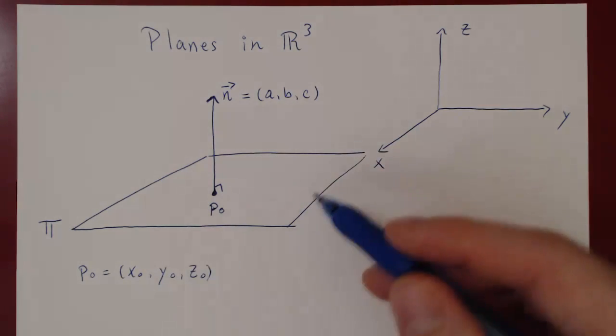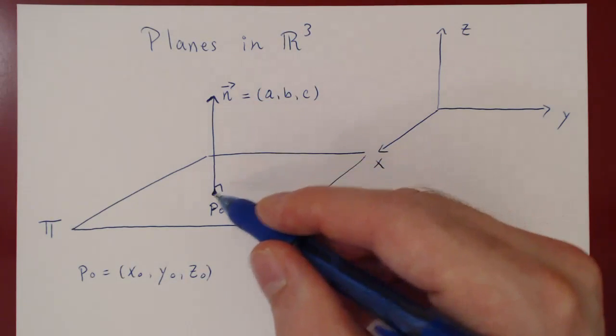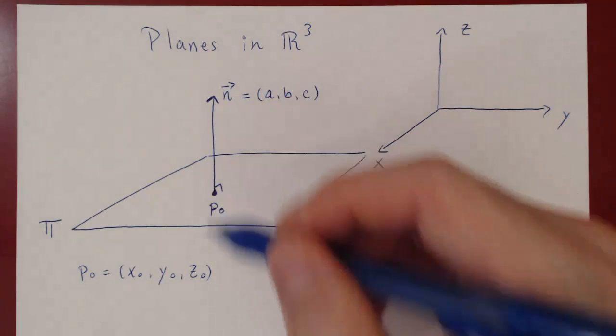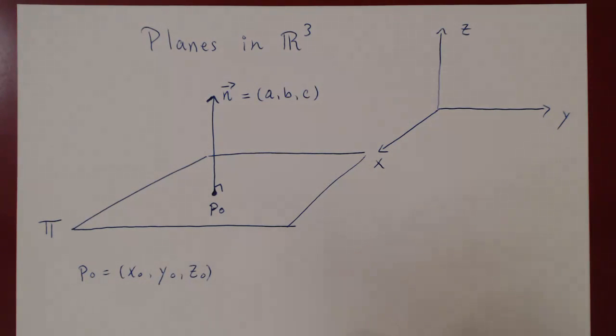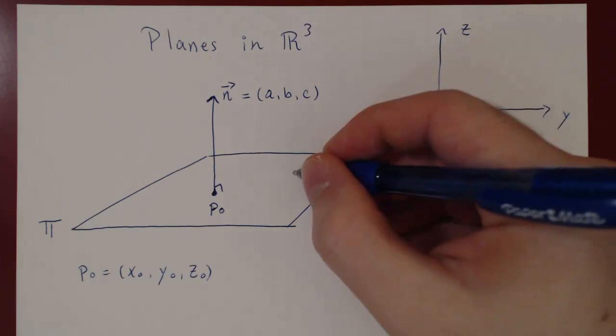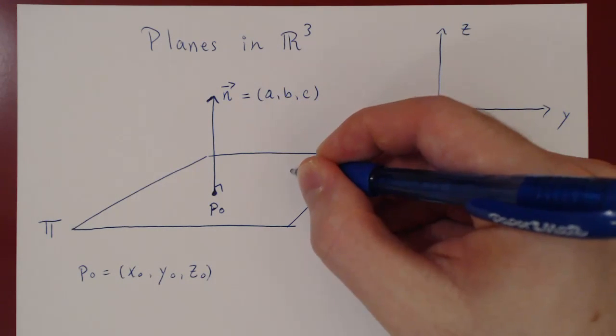So any given plane will have a unique direction that is perpendicular to it, and all we need is a vector in that direction. Now suppose we have a point in space, given by the coordinates x, y, z. The question is, what equation would capture the point being on the plane or the point being off the plane? Suppose you have a point on the plane.